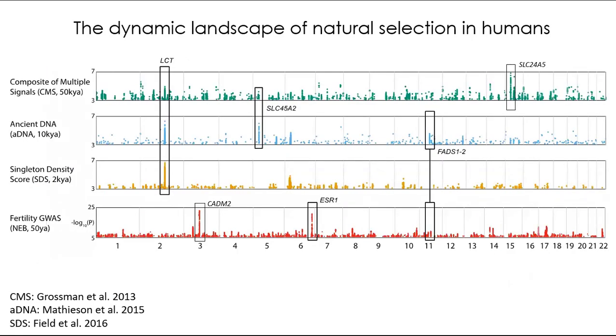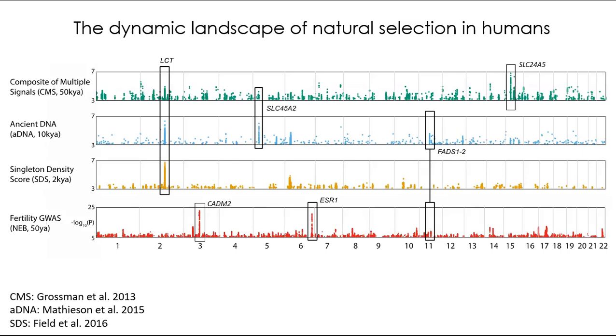So here, these are, again, some Manhattan plots showing selection over different timescales. Okay, so these are different statistical approaches to look at selection. This detects selection in the last 50,000 years, the last 10,000 years, the last 2,000 years, and the last 50 years. And the takeaway here is that we show this statistically, but there's very little overlap across these.